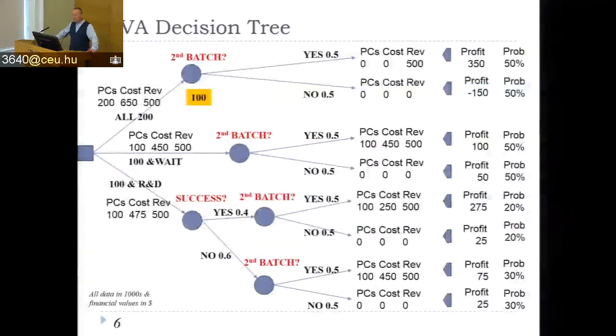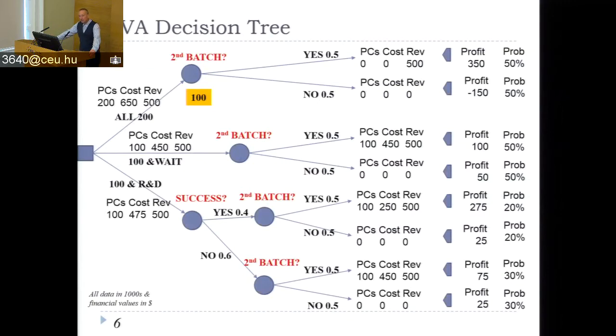No. It means that if you were to repeat this situation, let's say 100 times, 50 times you would get a profit of 350,000, and 50 times you would get a loss of 150,000, because the probability of the second batch order happening is 50%. The arithmetic mean of these 100 situations can be summarized as 100.